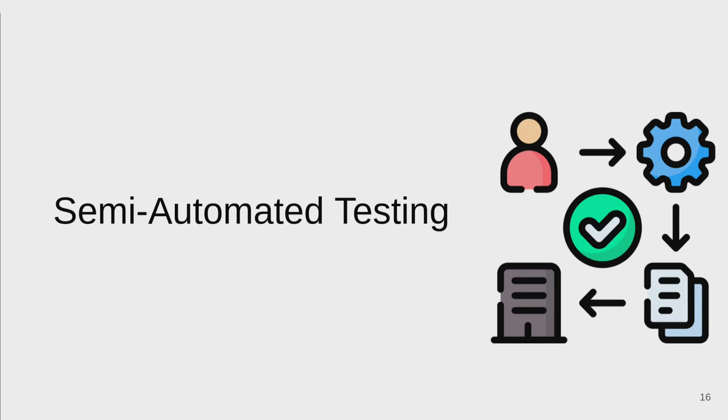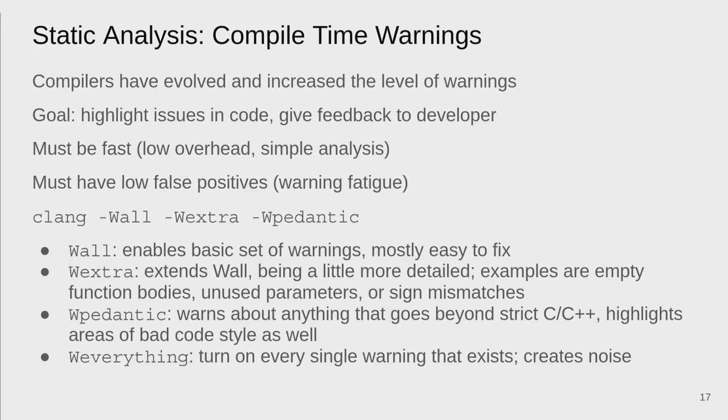What's a bit more generic than that? Compile time warnings, right? That could be a very simple analysis. The compiler will tell you if it thinks stuff is broken. Compilers have evolved quite a bit and now have a massive amount of warnings that they spit out during the compilation of your code.